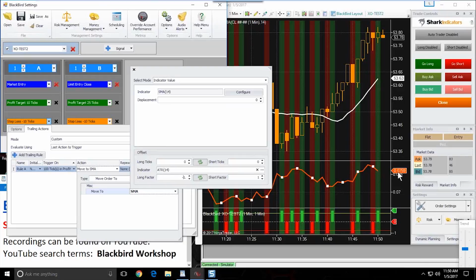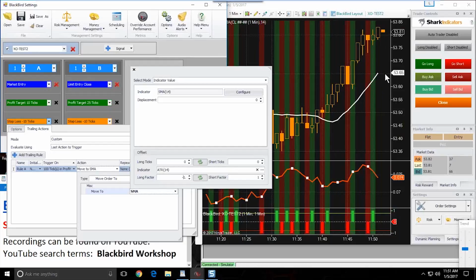So our ATR is at 0.07. Well, if we round this off, it'd be 0.08. So let's say our ATR is at 0.08. So we take our SMA, which is at 53.65, and then we would subtract 0.07, now it's 0.07 rounded off.